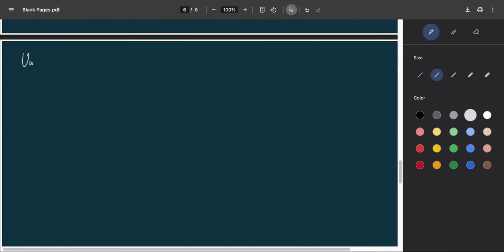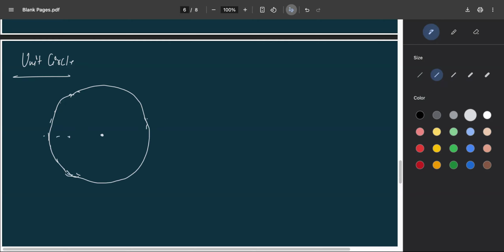So let's talk about a unit circle. I'll be taking a very simple unit circle, which means the radius of the circle I'm keeping as 1. This is x-axis you can call.